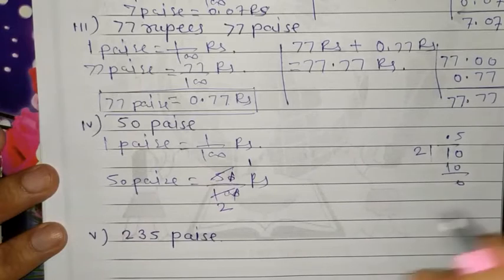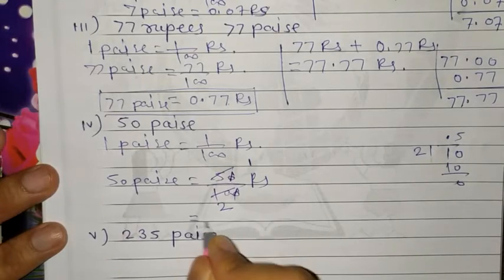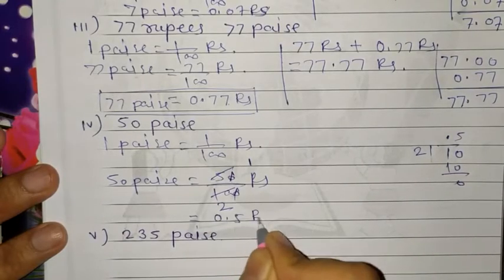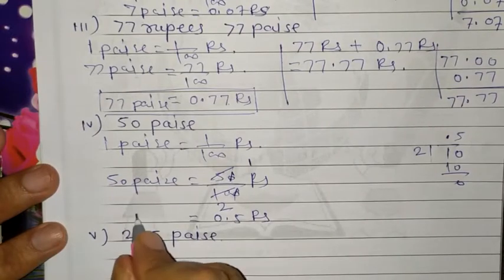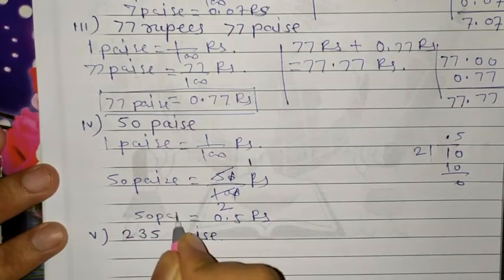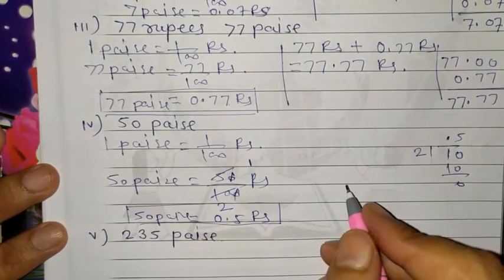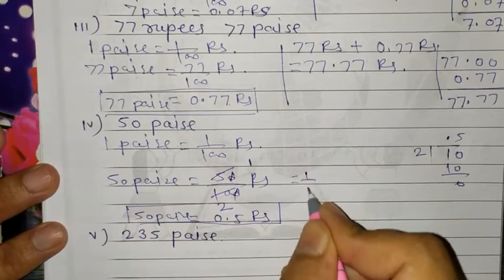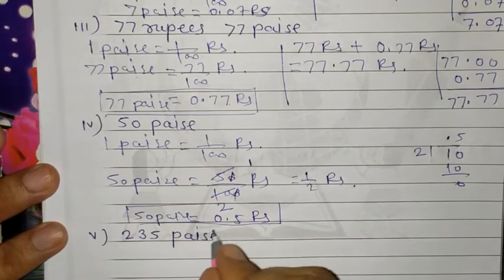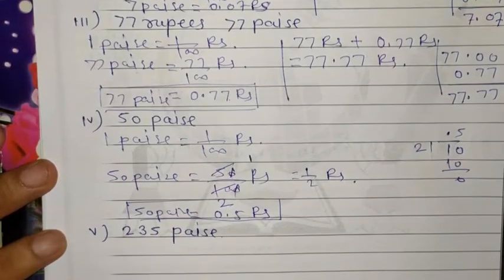So the answer is 0.5 rupees. So 50 paise equals 0.5 rupees, because here we got the answer 1 upon 2 rupees. You can convert it into a decimal.